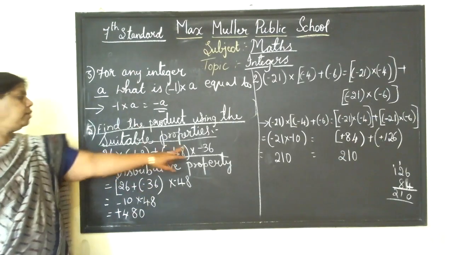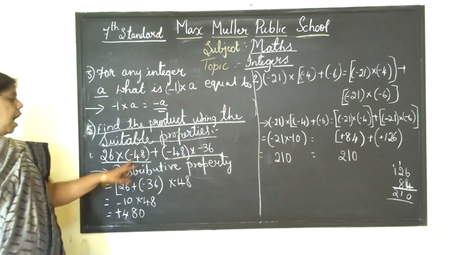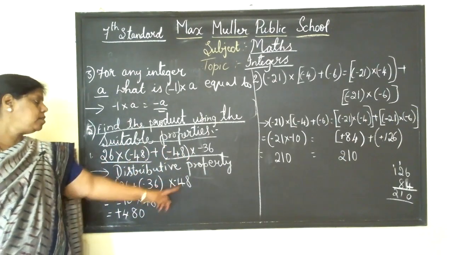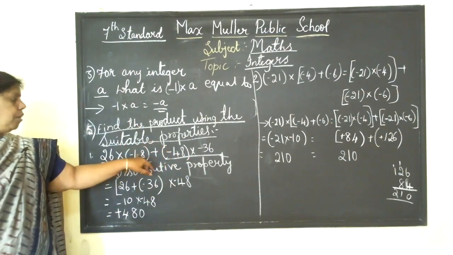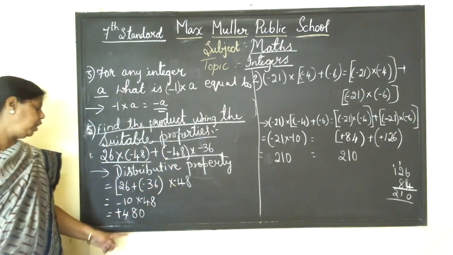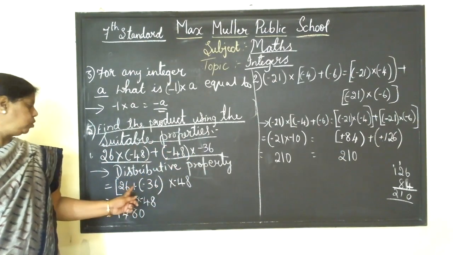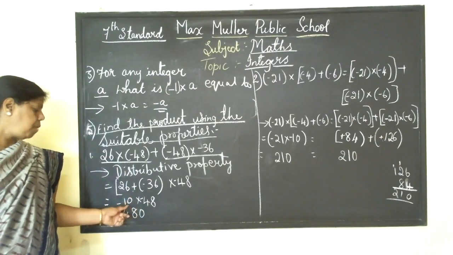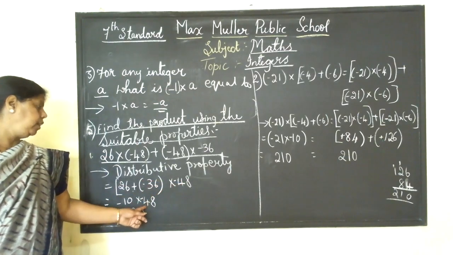We have combined this 26 and 36 together and we have multiplied with one number, that is minus 48, because one number on both sides, we have taken both as one. So, plus into minus, you got minus only, minus 10 into minus 48.